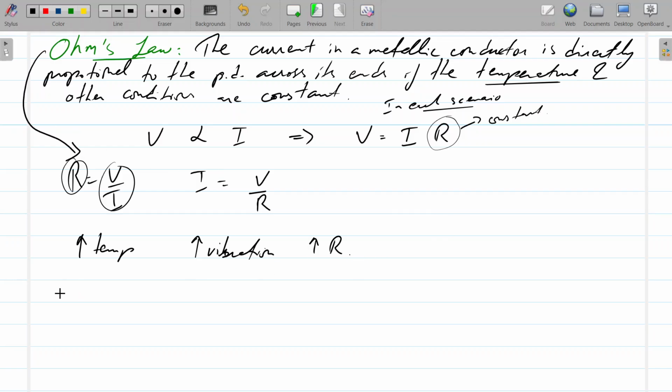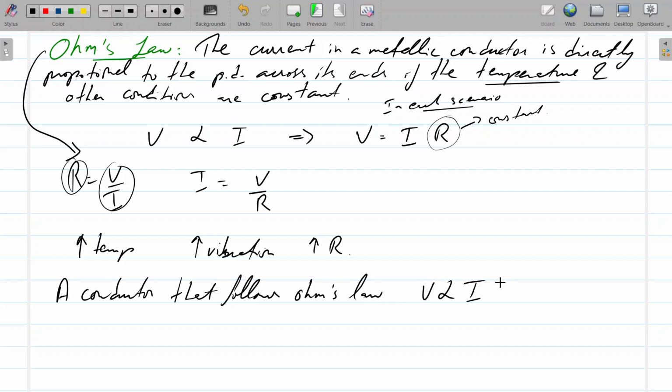So a conductor that follows Ohm's law, right? There are two things.